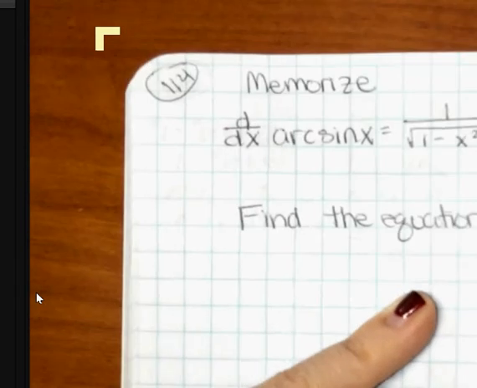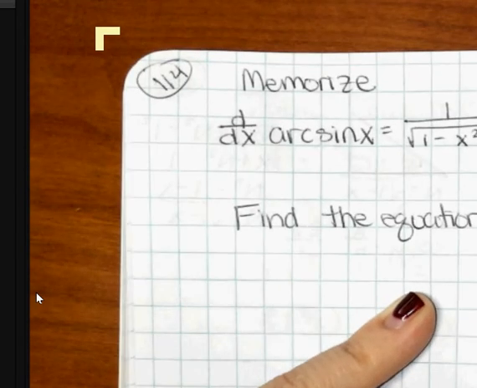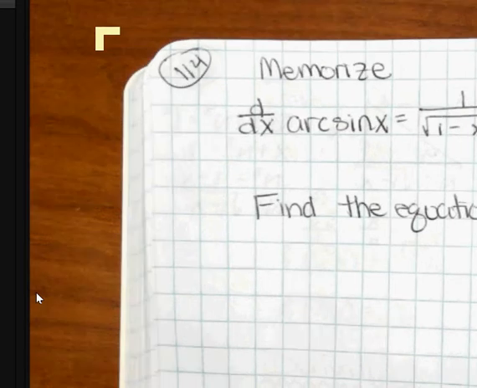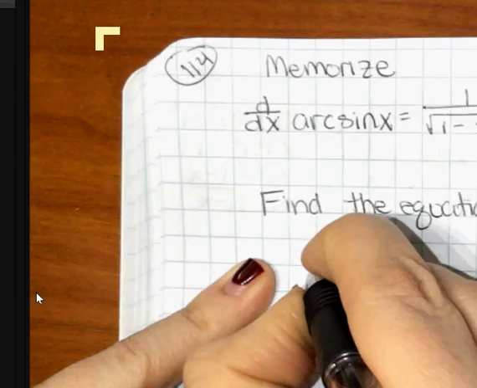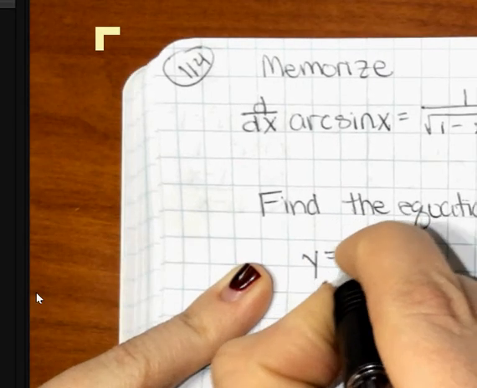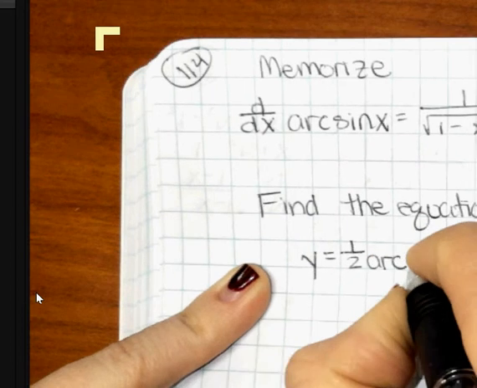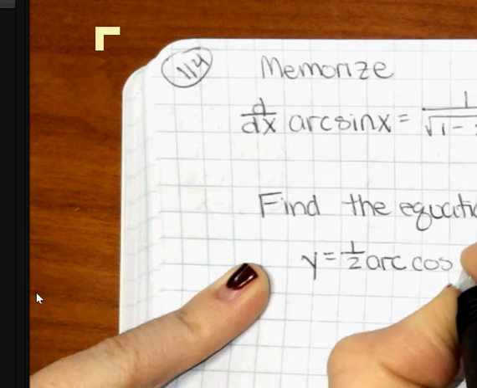Okay? Find the equation of the tangent line. Okay? So, y equals 1/2 arc cosine x.